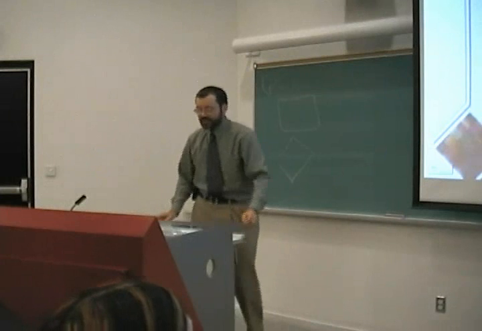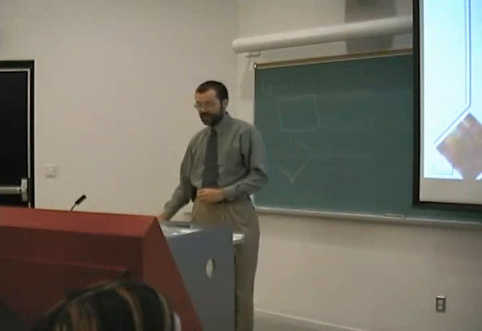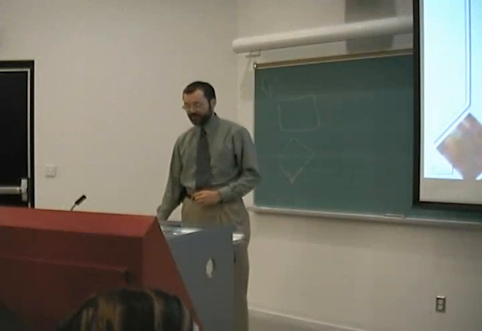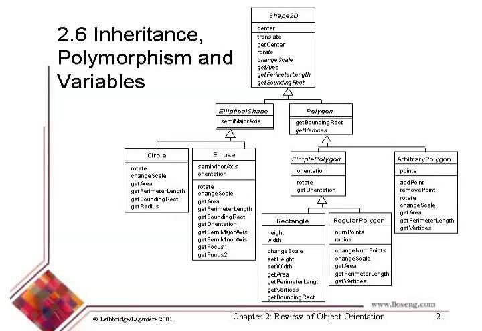Okay, another observation. Let's take a look at the method and operation getBoundingRectangle. There is an operation getBoundingRectangle that is defined at the top of the hierarchy, so it makes sense everywhere. We can call getBoundingRectangle of any two-dimensional shape. Fine. What is a getBoundingRectangle?